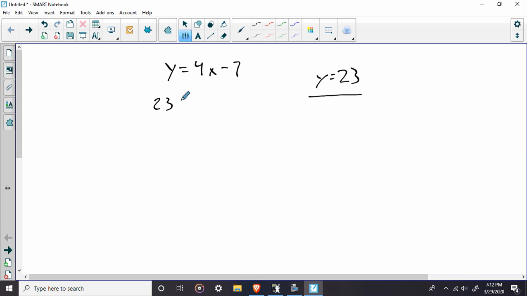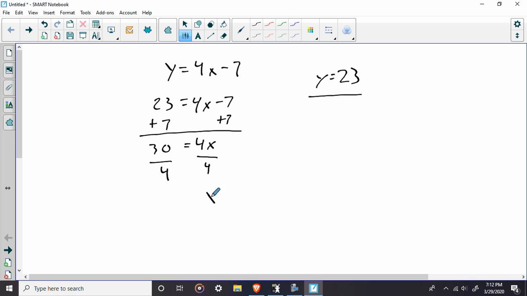I would substitute in 23. And now we're going to have to do a little more legwork here, but we definitely can add 7 to both sides, right? And I'm going to say 4x is equal to 30. And I'm going to go ahead and divide both sides by 4, and guess what I'm going to find out? Well, this is going to be a decimal, right? This is going to be, what is it, 7.5.